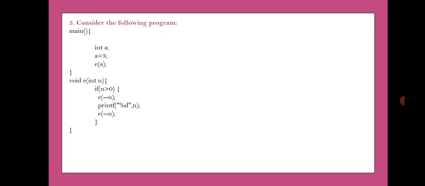printf, once again it will call e of minus minus 1, terminates. Printf percentage d 0, it will become e of minus minus 0, terminates.